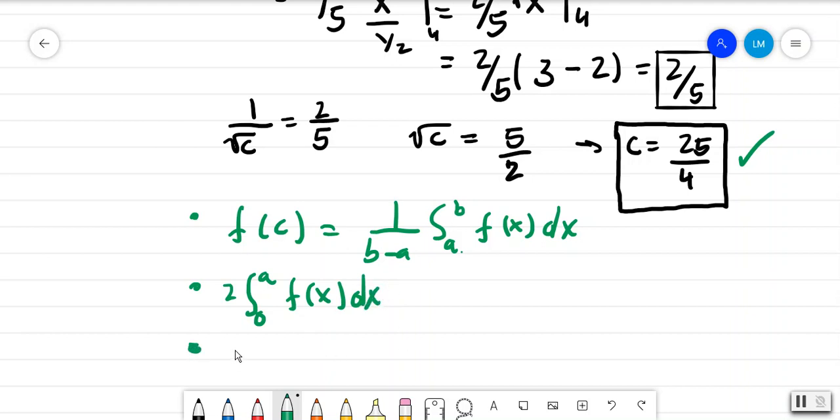And if it's an odd function, it's basically just equal to 0. So just recall that this is only for even and that this is only for odd.